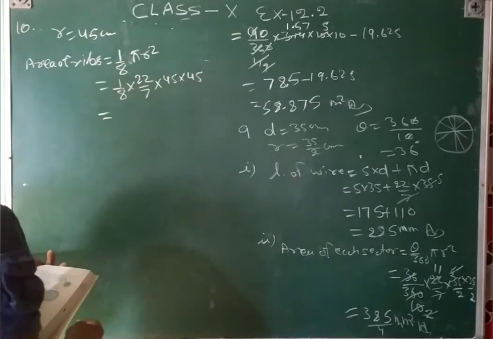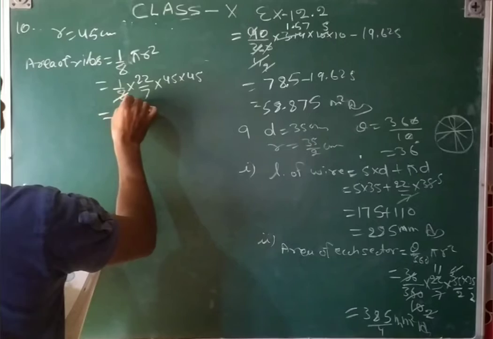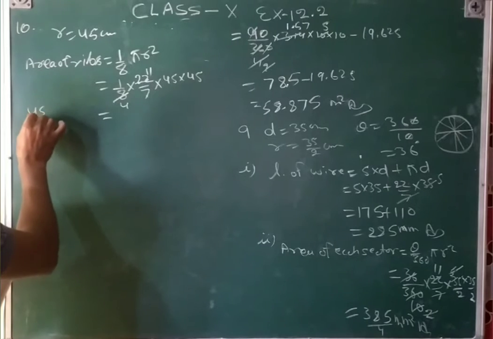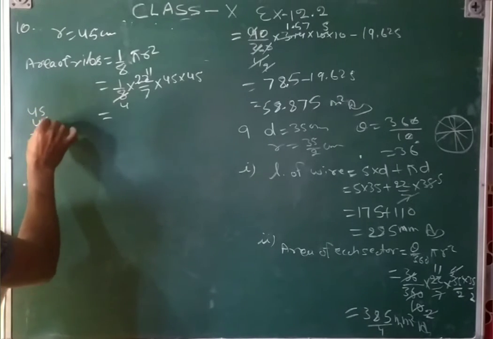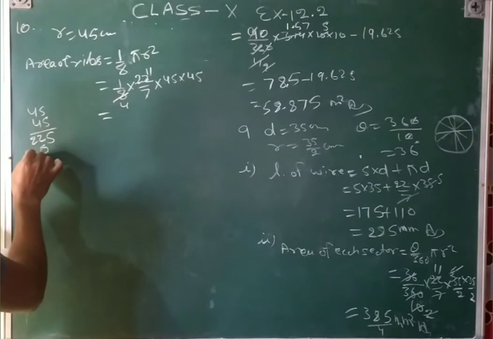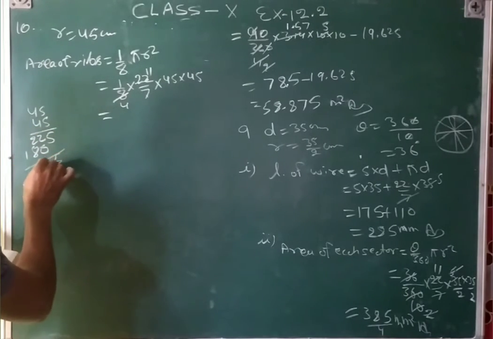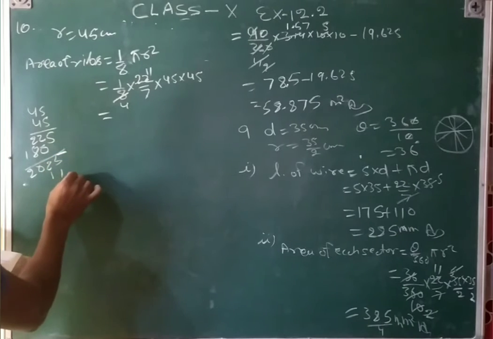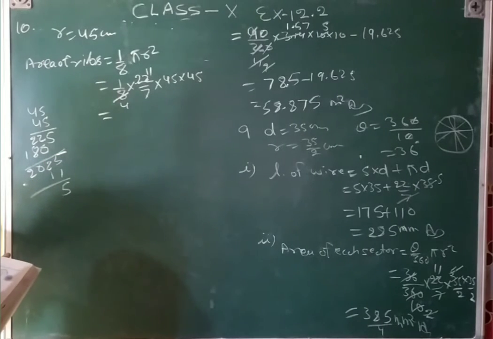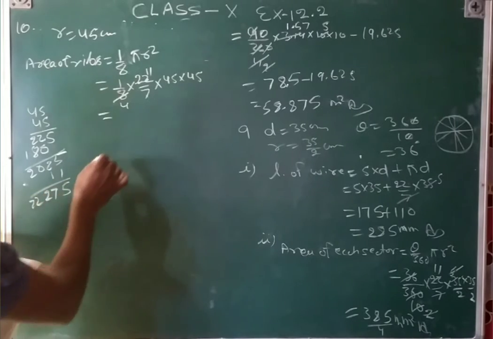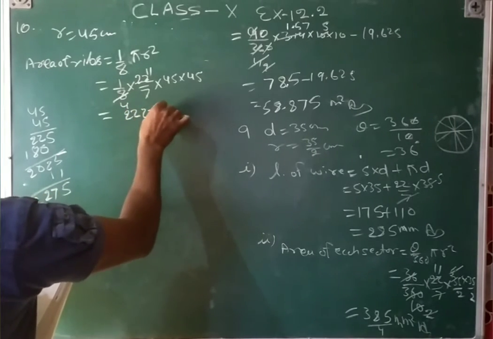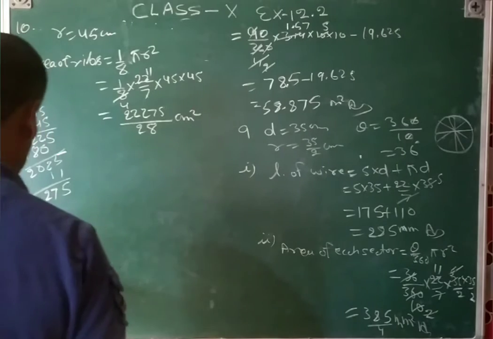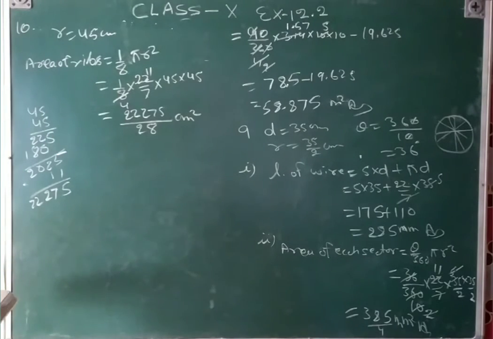Cancelling and multiplying 45 by 45, we get 2275 upon 28 centimeter square. This is the area of each rib.